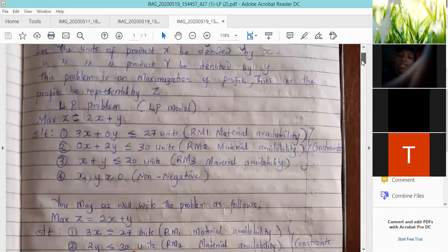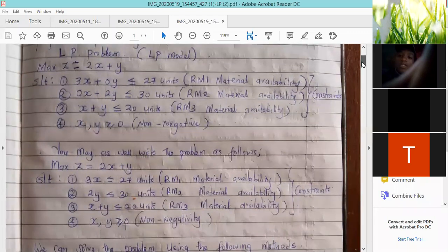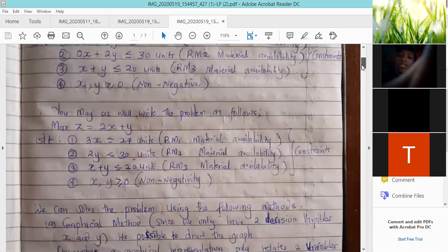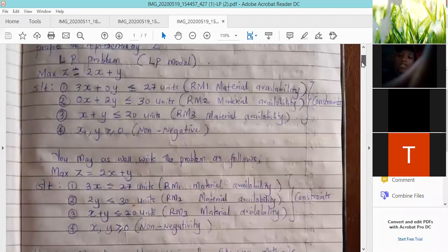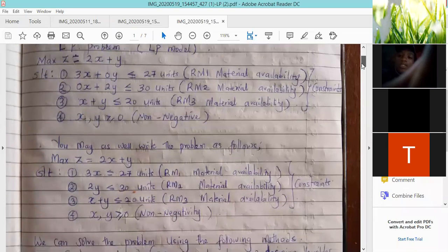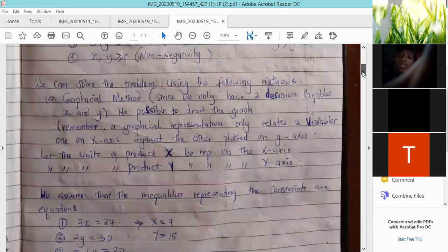And we ask ourselves, were we able to have exhausted those particular available resources? And if we don't have the exhaustion of the available resource, then we say there's a balance, and that balance is what we normally call a slack.